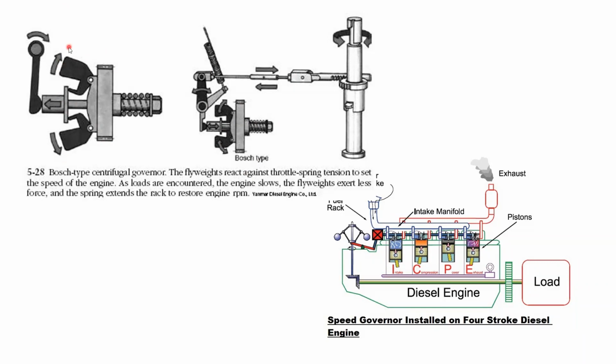The reason is the centrifugal force, which in turn pushes this plunger arrangement, this sleeve, to its left, moving the arm here. That arm is connected to the fuel control rod, so it will automatically close the fuel line, right?